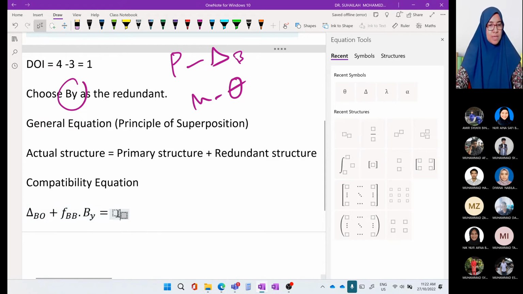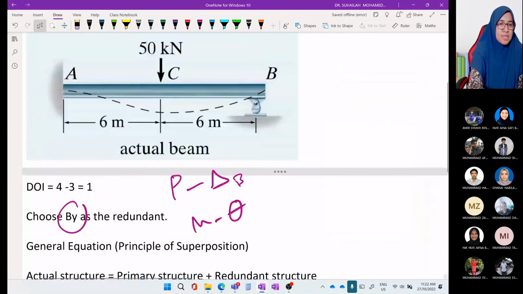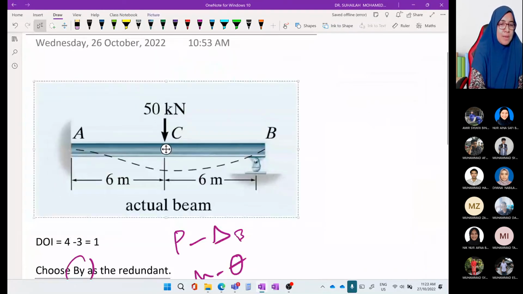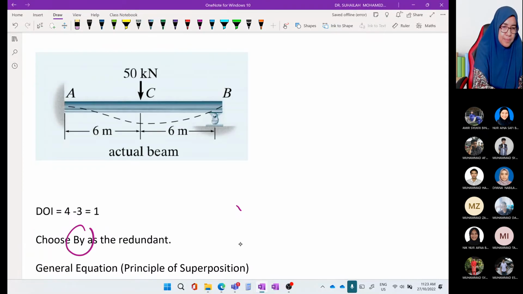This is actual beam, delta B. But in actual beam, delta B is equal to 0 because of the support. Okay, since we have decided By is the redundant, we have chosen By here.